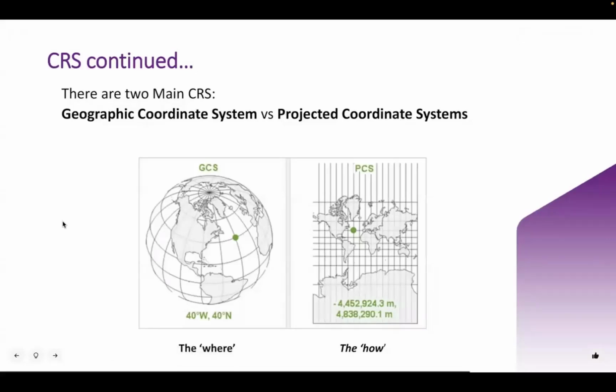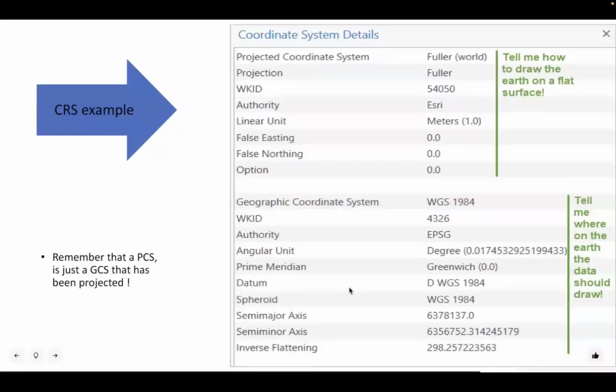So yeah, that's just a quick introduction to the coordinate reference systems. These become much easier to understand, especially when you start to work with the data yourself. So tomorrow we'll be looking at how to transform a dataset using the correct coordinate reference system. When working with multiple forms of spatial data, like we will be doing tomorrow, it's important to ensure that all data is stored in the same coordinate reference system, or they will fail to line up within the geographic information system.